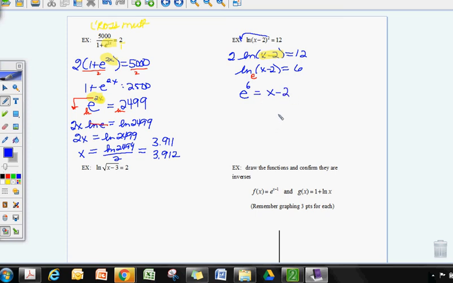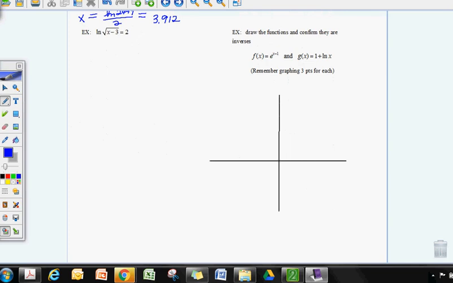Oh, the x is going to be by itself. E to the 6th power minus 2 would equal x. And that is a calculator problem. When you go onto your calculator, it's 405.429. I am telling you, check how to do it on the calculator.